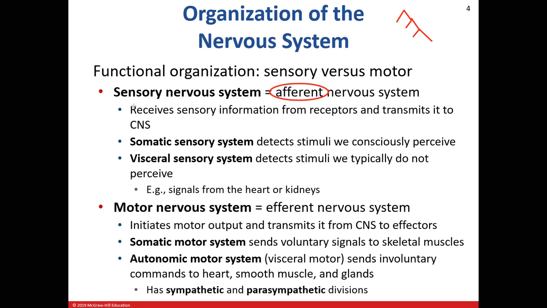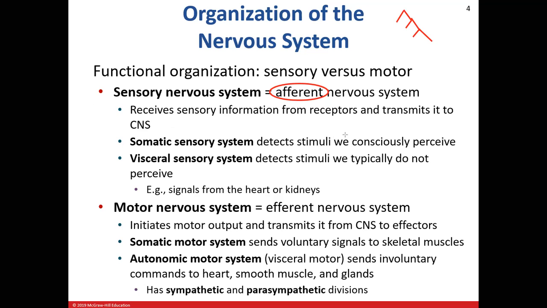When we look at the sensory nervous system, we can break this down into more specific components. We have the somatic sensory nervous system. And if you remember, there's a couple things that we're supposed to think of when we hear somatic. It should be skin, skeletal muscle, and joint. So when we look at the skin, skeletal muscle, and joint component, the somatic sensory system is going to detect stimuli that we consciously perceive.